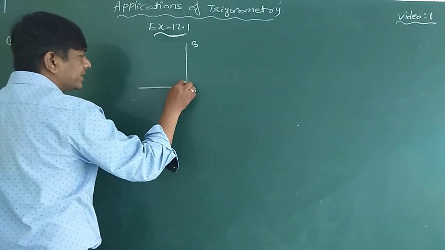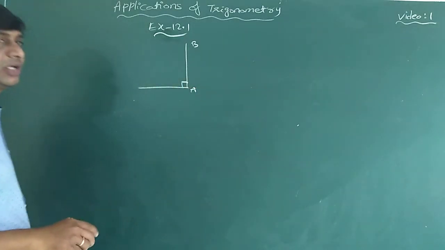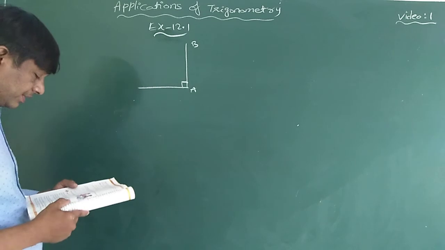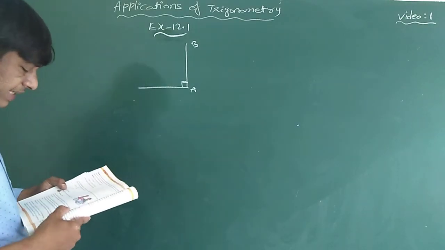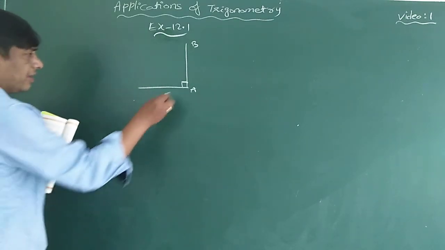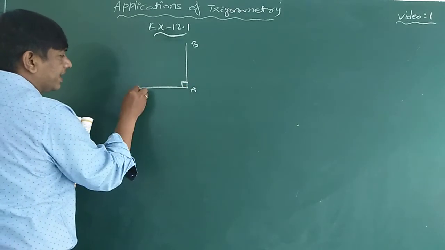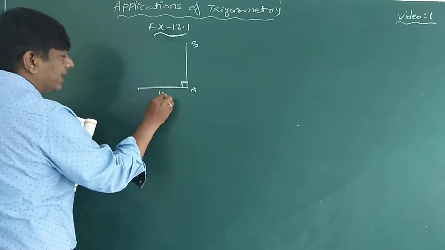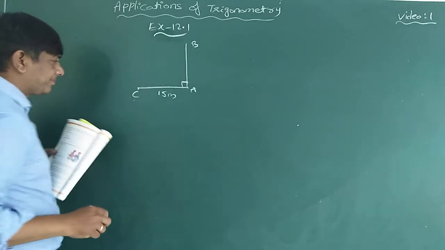Standing on the ground means it makes 90 degrees with the ground. The foot of the tower is A. From here, 15 meters away, there is a point C.